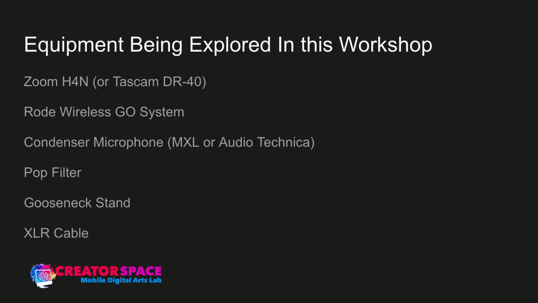We also have a condenser microphone, an MXL or Audio Technica, a pop filter, gooseneck stand, and XLR cable, and I'll also be demoing the Superlux microphone that's referred to as a shotgun microphone. It's a great overview of what's out there and how it works and how we can get going.